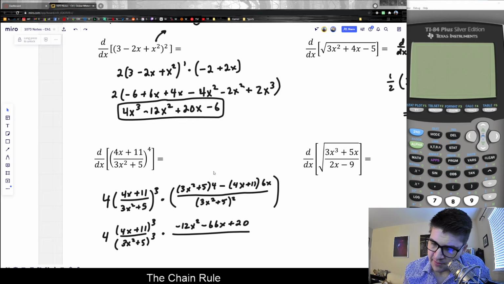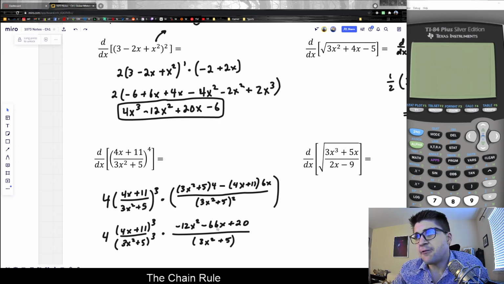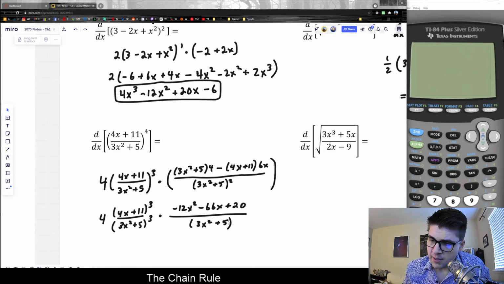All of that will be divided by 3x squared plus 5. And we could look to factor this. Notice that there's a common factor of at least 4 within all of this. Actually, is 66 divided by 4? No, it's not. 2 is the only common factor. We could try to factor this, but at the end of the day, oops, I already forgot my squared.